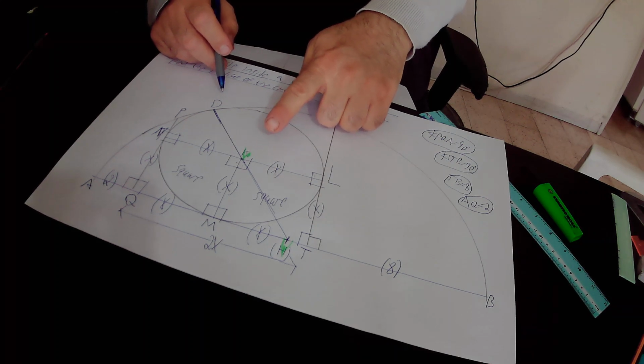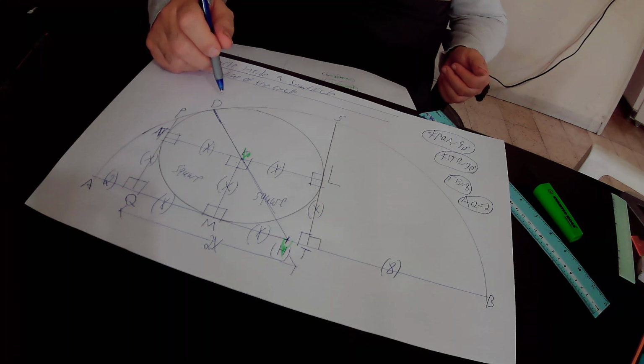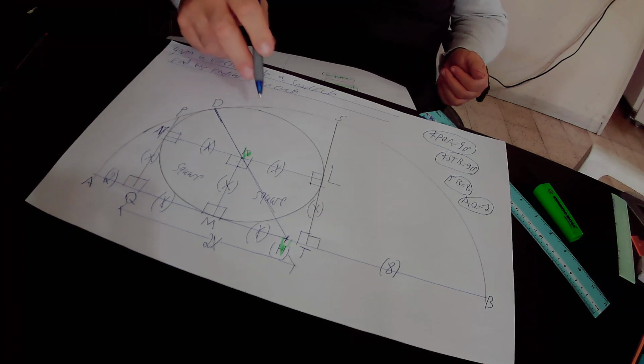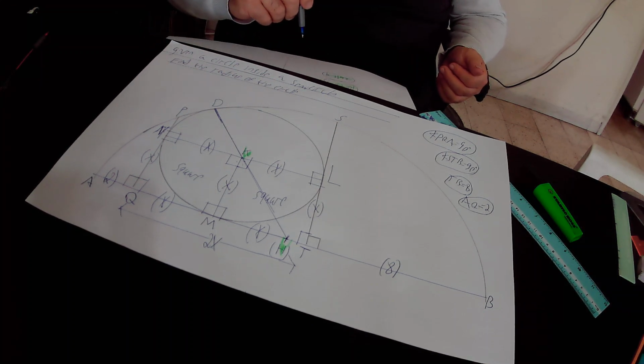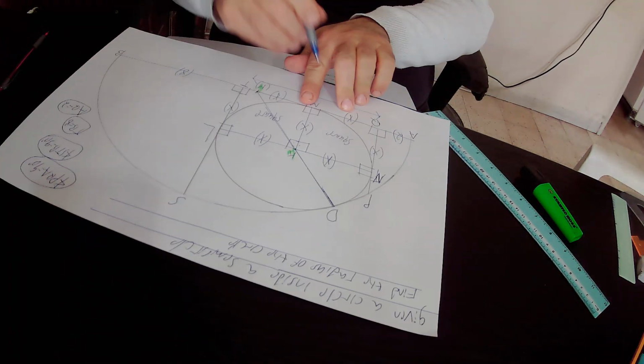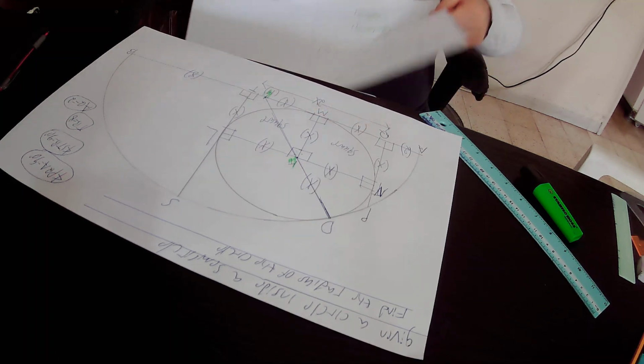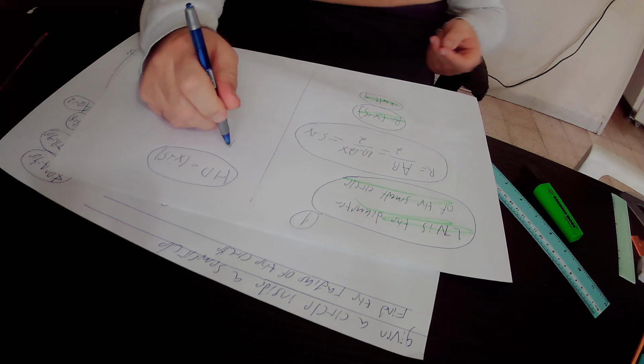Line KD starts from point K, the center of the small circle, and ends at point D, a point on the small circle itself. Therefore, KD is the radius of this small circle, which equals x according to our definition. KD equals x.